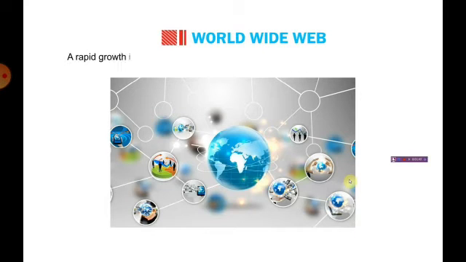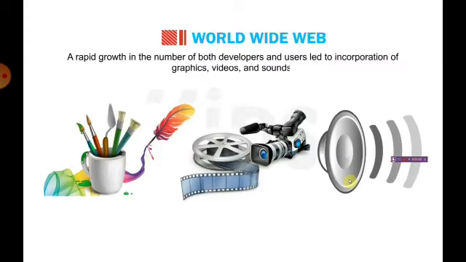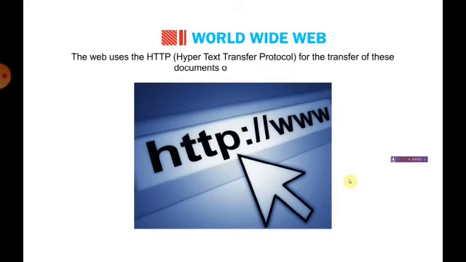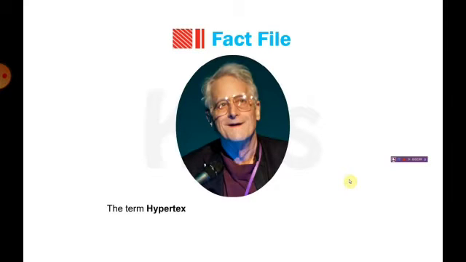A rapid growth in the number of both developers and users led to incorporation of graphics, videos, and sounds. The web uses the HTTP, Hypertext Transfer Protocol, for the transfer of these documents over the internet. Let me share an interesting fact that the term hypertext was coined by Ted Nelson around 1965.